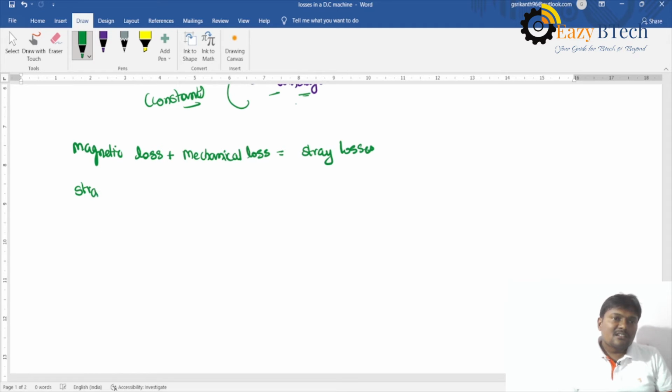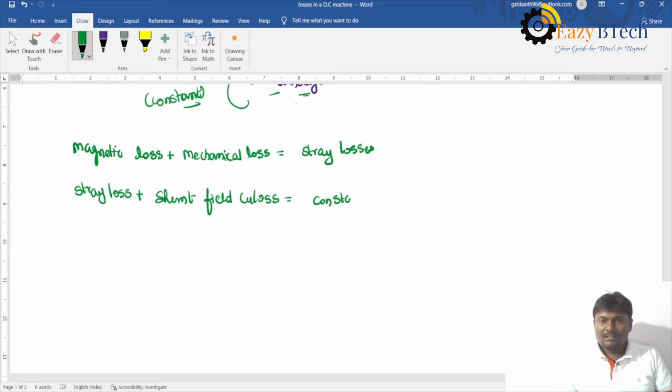Stray loss plus shunt field copper loss is equal to constant loss. Now the constant loss is an addition of stray loss plus shunt field copper loss.